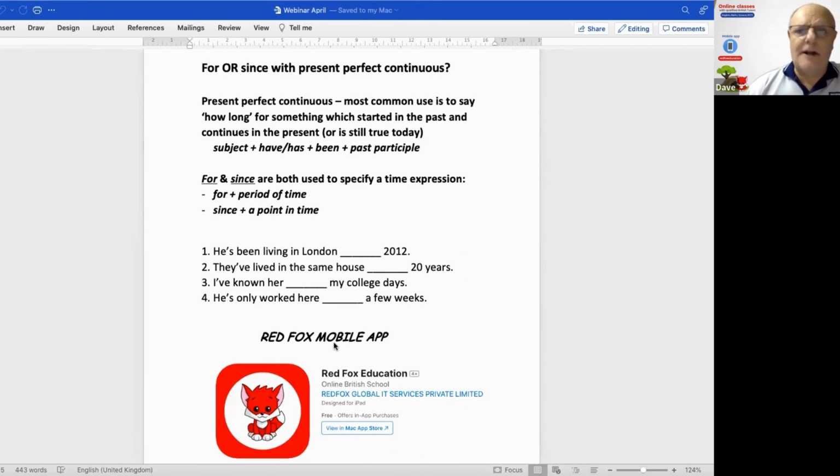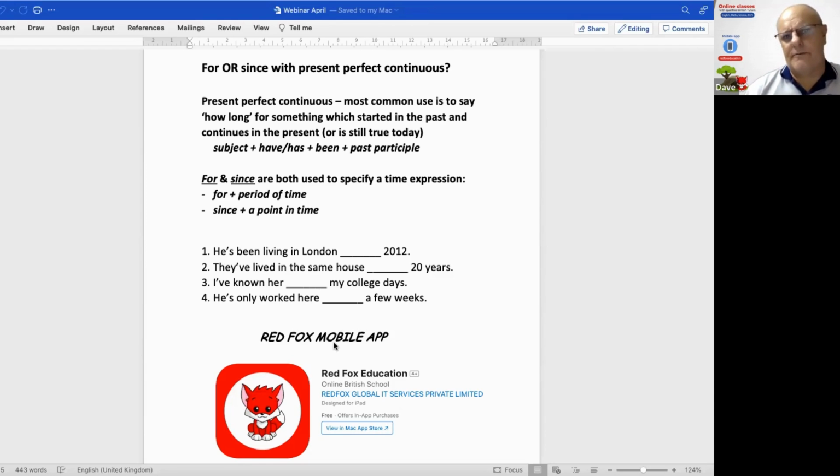The most common one is to talk about things that started in the past and continue today, and we put a time on this. How long does that happen? So if we follow the verb tense with "for" or "since", these are both time markers, both indicators of the time expression. And this can be quite confusing as well.